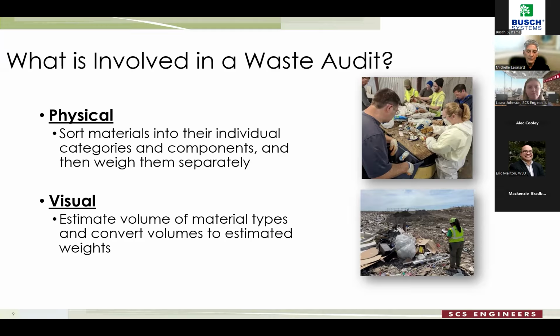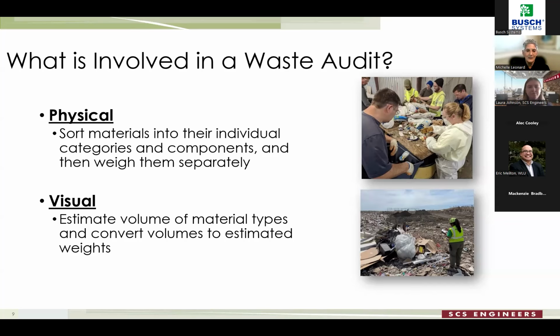Now, the visual samples are typically used for construction and demolition debris, where these are big, bulky, heavy materials. Utilizing a 200-pound sample, that could just be one item in that sample, whether it's a chunk of concrete or asphalt or a refrigerator.